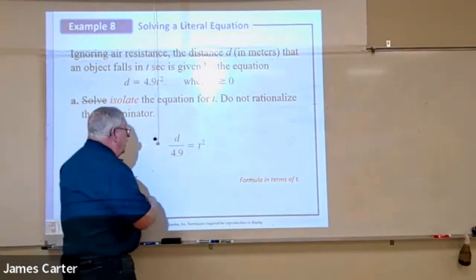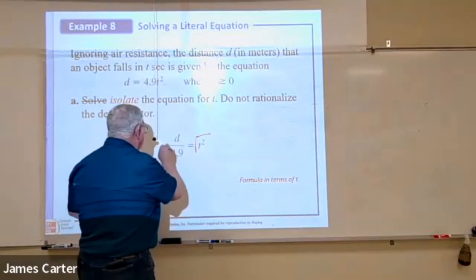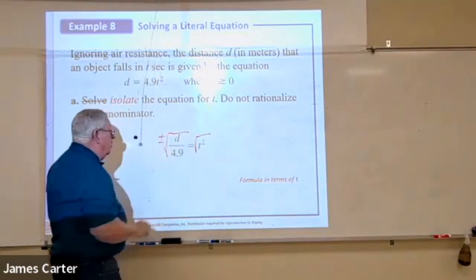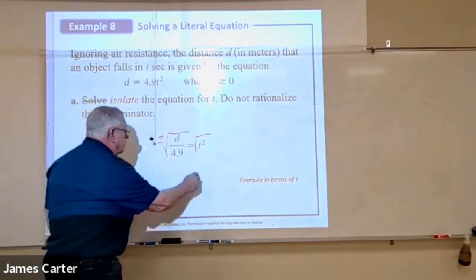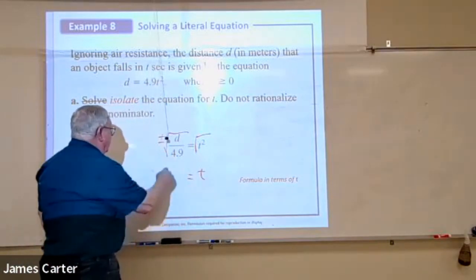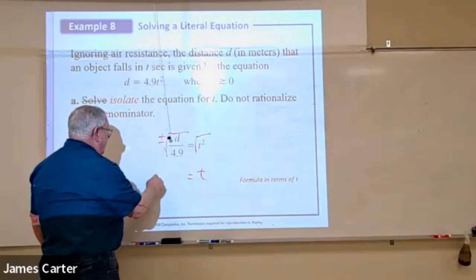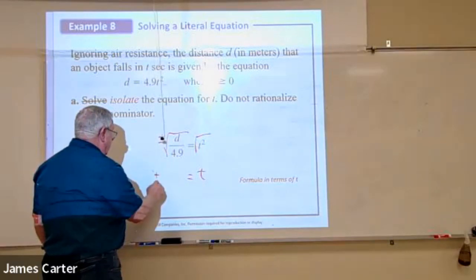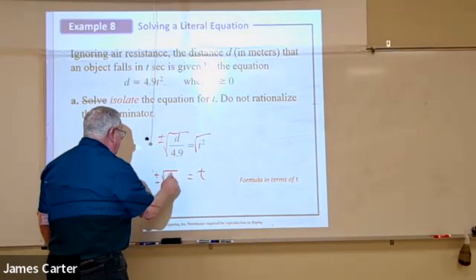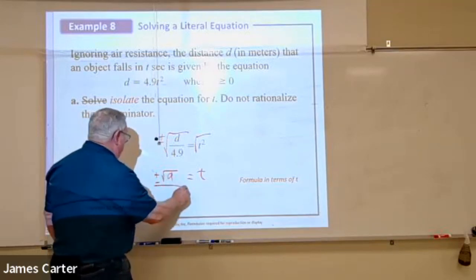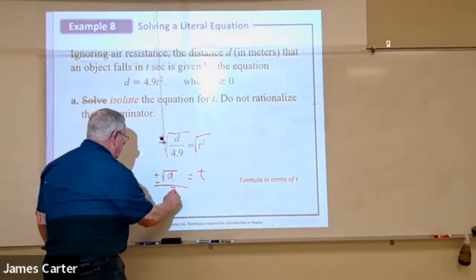But how do we get rid of that t? Square root of this, square root plus or minus of all of that. This gives me t, and this gives me plus or minus the square root of d over 0.7.